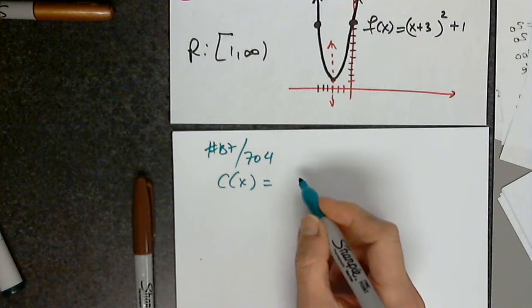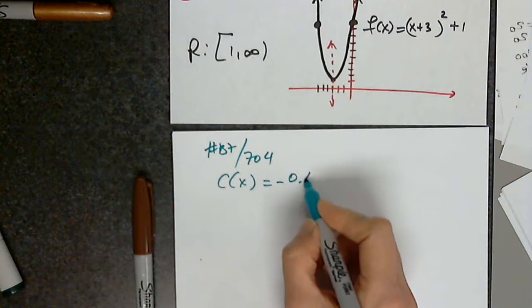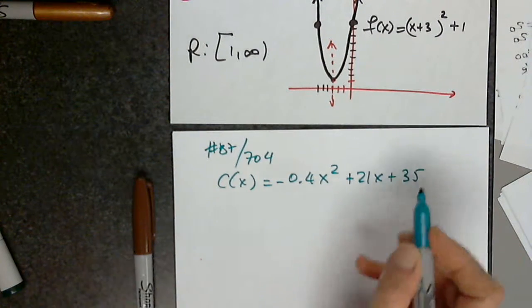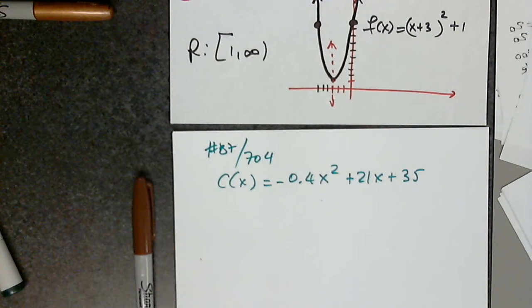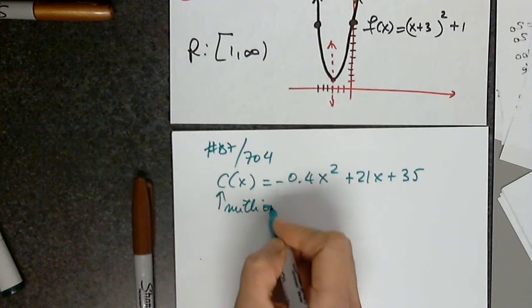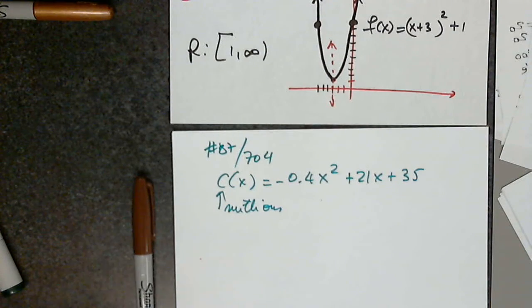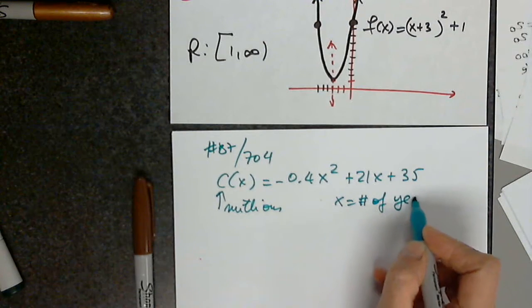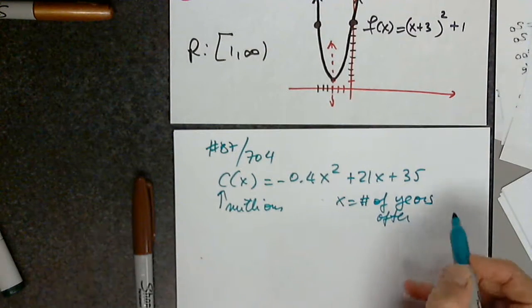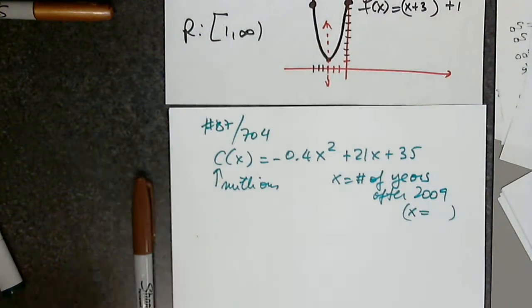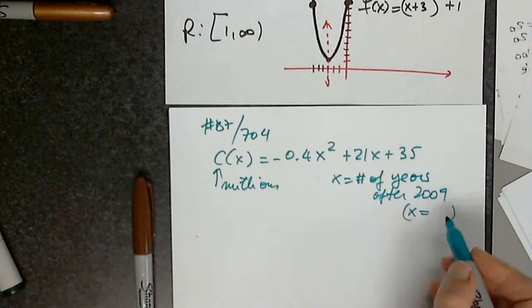C of x equals negative 0.4 x squared plus 21x plus 35. C of x is the projected number of Wi-Fi enabled cell phones in millions, and x is the number of years after 2009. So for 2009, how much is x? Zero. Very good, perfect, thank you.